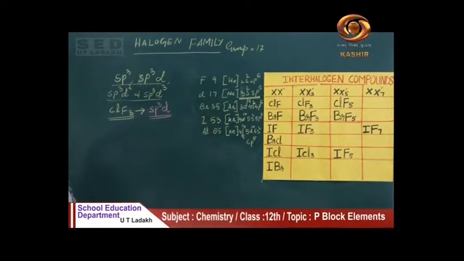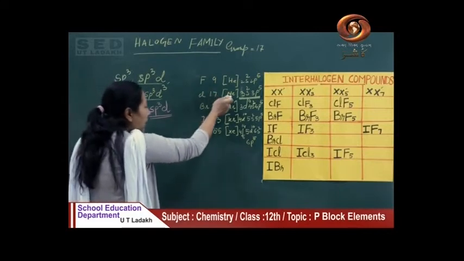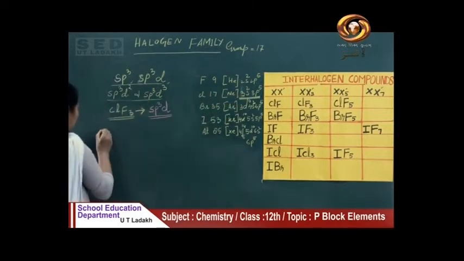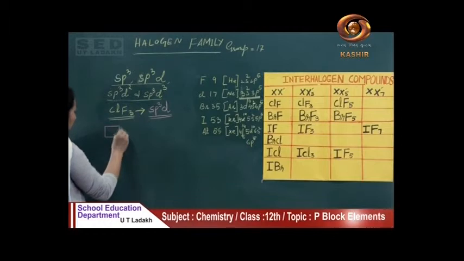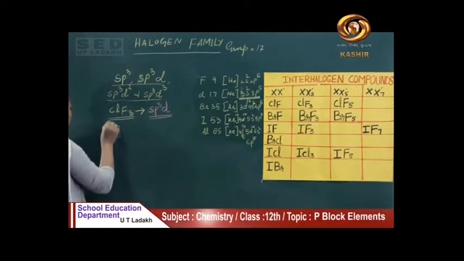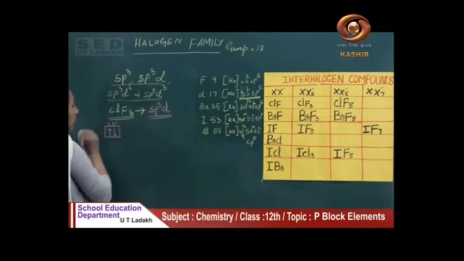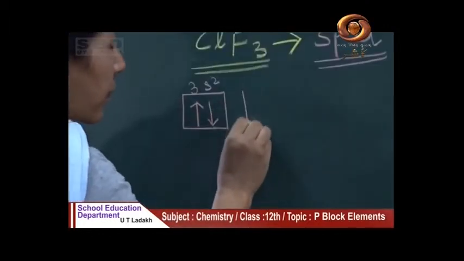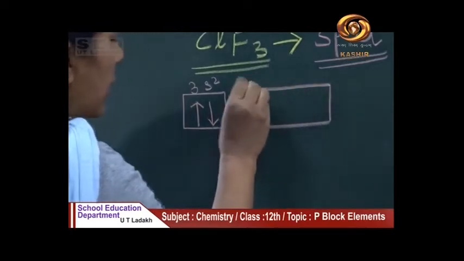We know that the outermost shell contains 3s2 and 3p5.